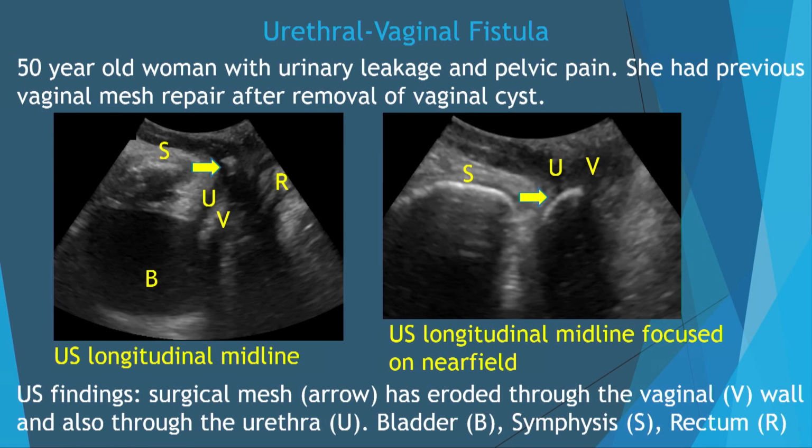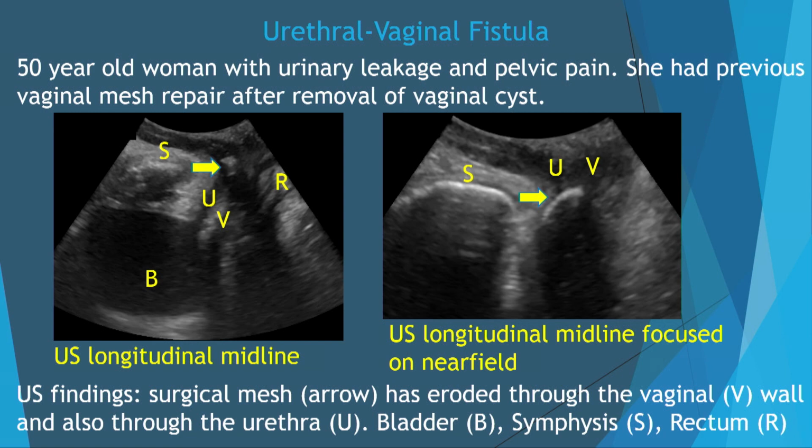This next patient had urinary leakage, and when we did the transperineal exam, we noted that there was a suburethral sling. This is the urethra, with the vagina just behind. When we looked at it closer, in this close-up shot, we noticed that unfortunately this sling had actually perforated the urethra into the vagina, and so had caused a urethral-vaginal fistula.